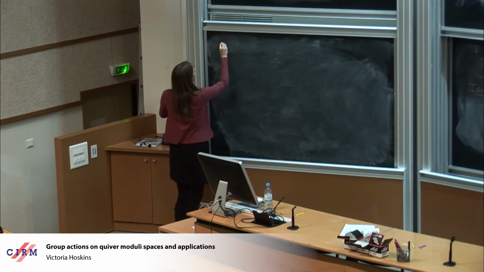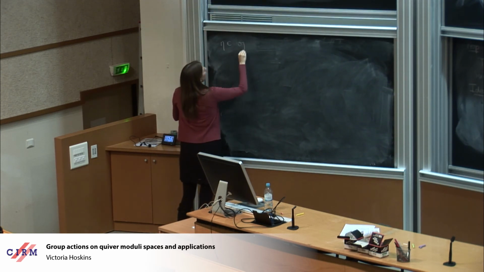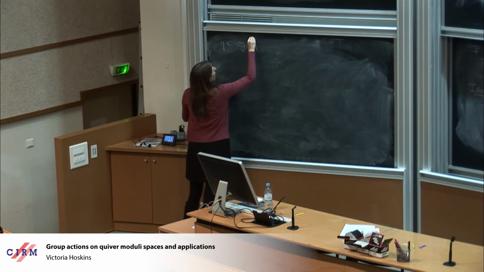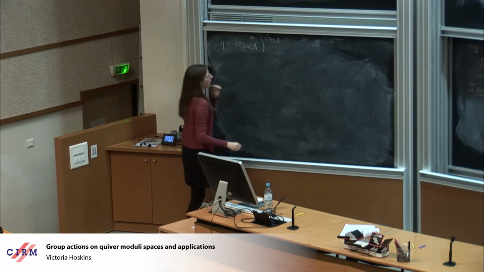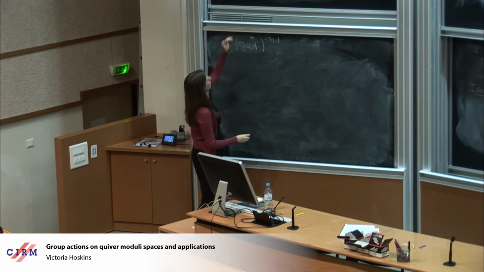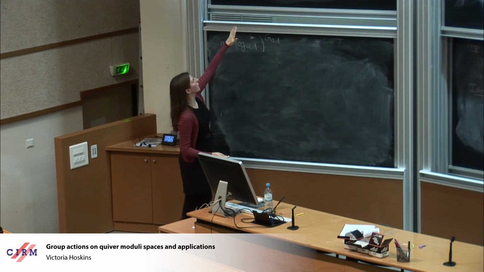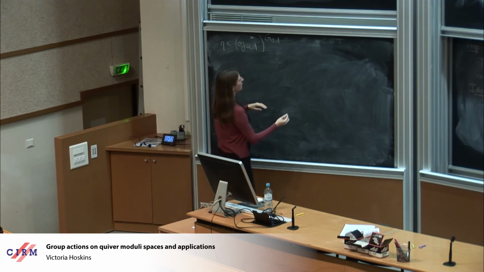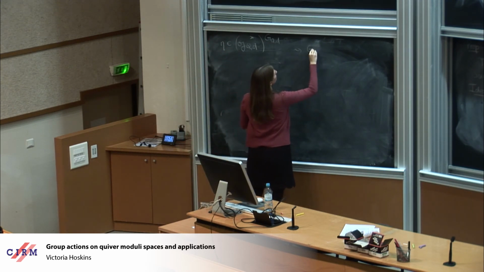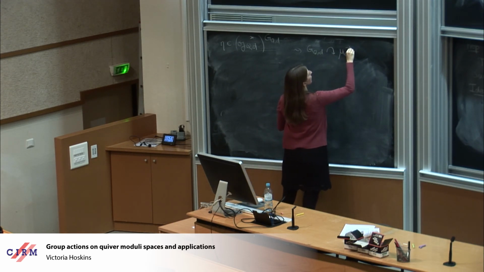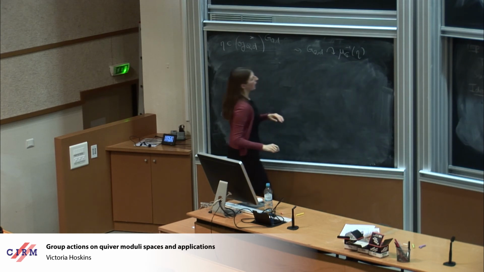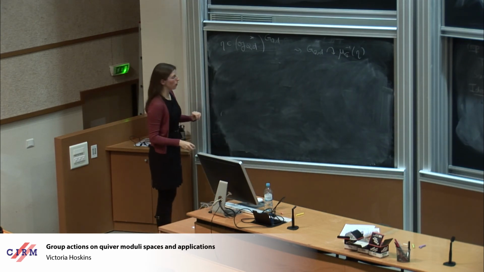So if we take an element in our Lie algebra which is fixed by the coadjoint action, then because mu is equivariant, there's an action of G on the fiber. And we can just take the GIT quotient now.